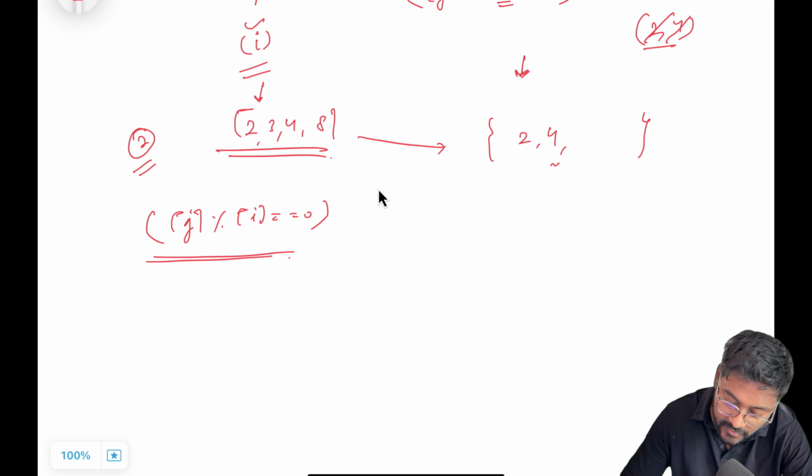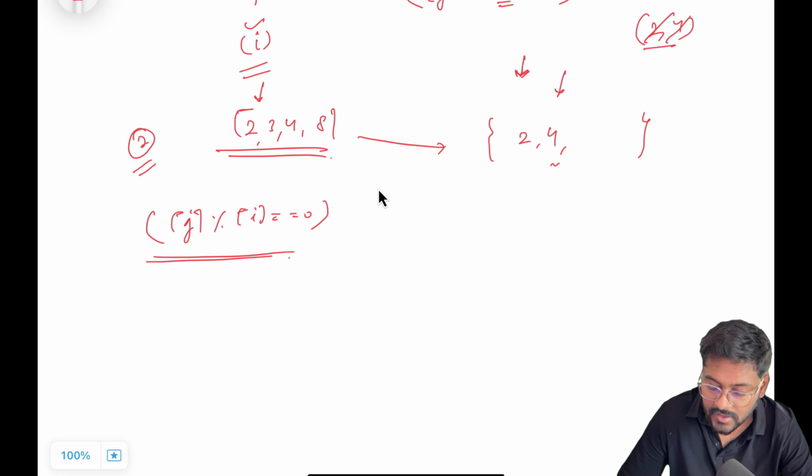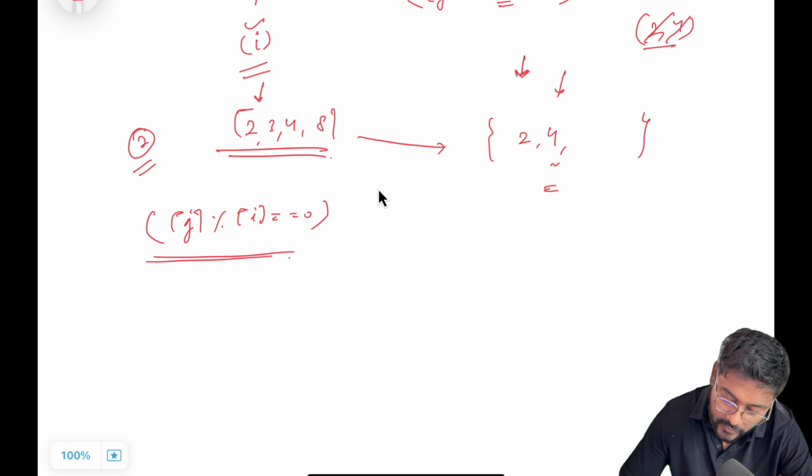So I will just capture the latest updated element in the set. The latest updated element is 4, and now I can pick elements on the basis of 4, because 4 is already divisible by 2, so there is no need to check the previous elements. Just consider the 4, and after 4 there is only one element, which is 8. I will check whether 8 is divisible by 4 completely or not. If it is true, getting 0 as a remainder, then I will just pick 8.